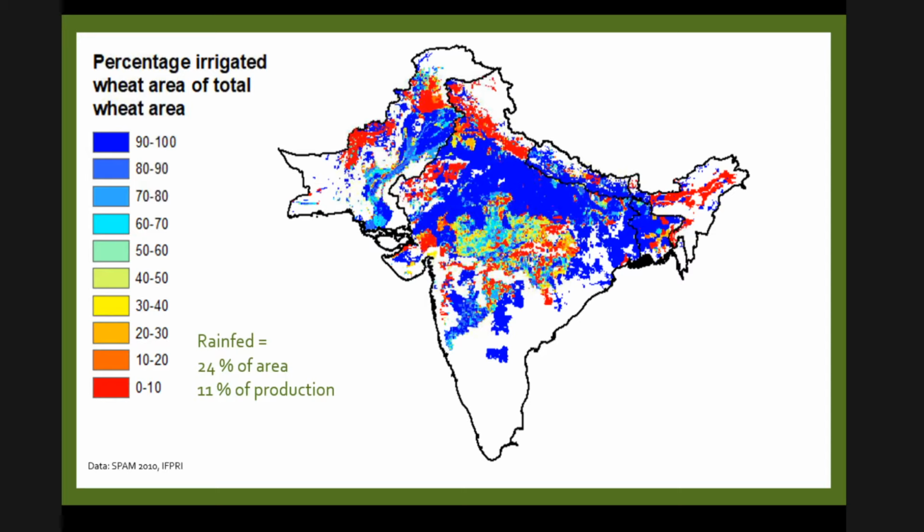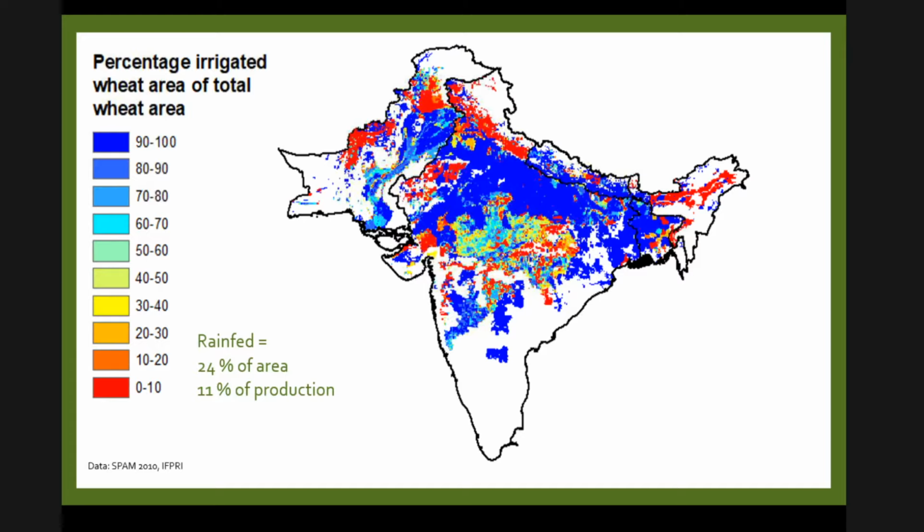So the blue areas is where almost everything wheat production is irrigated, and the red areas is where almost everything is rain-fed. And while about 24% of the total area under wheat cultivation is rain-fed, this only accounts for 11% of the total production.